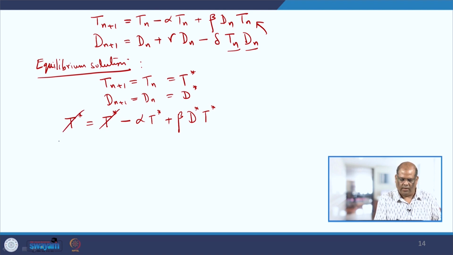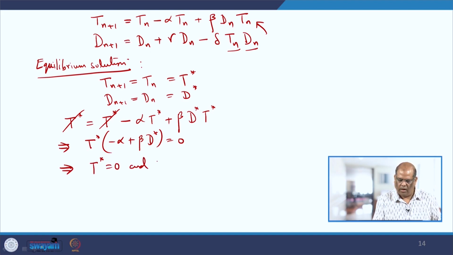This and this cancel, and this gives T star common, minus alpha plus beta D star, equal to 0. This gives T star equal to 0 and D star equal to alpha by beta.